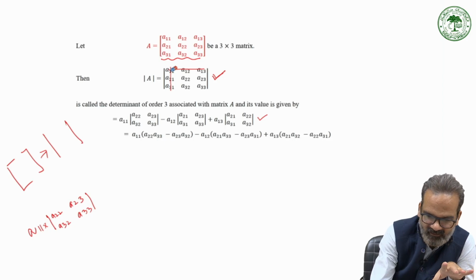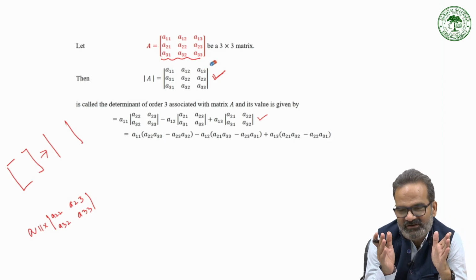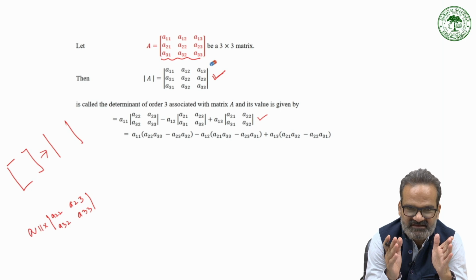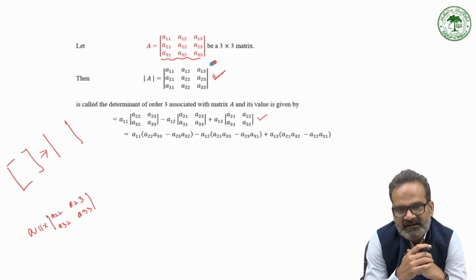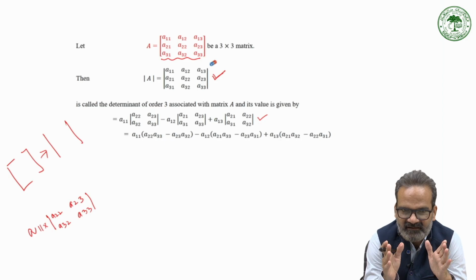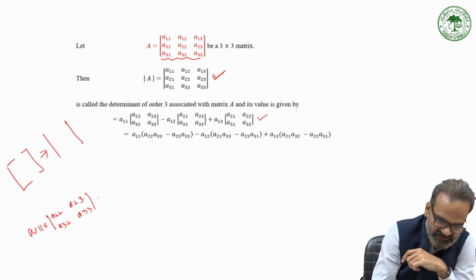Clear? Now come to element 2, A12. We will use a plus sign with the first element, then a minus sign with the second element, then again a plus sign with the third element. So plus, minus and plus, it means we will use alternate signs. We have used the plus sign with the first element. Now with the second element we will use a minus sign, minus A12 into.